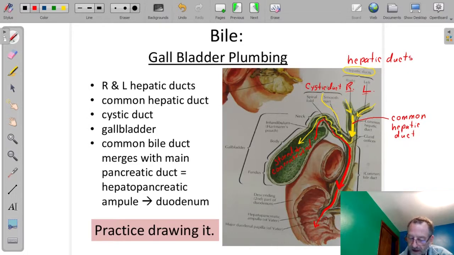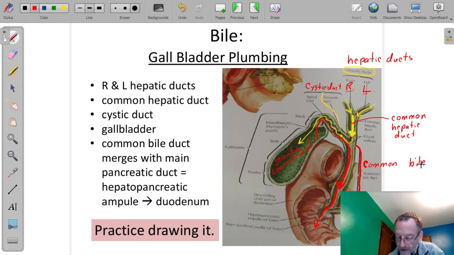So this, again as drawn and labeled, is the common bile duct. So you have to pay attention to the names. You don't just call it a bile duct or a hepatic.